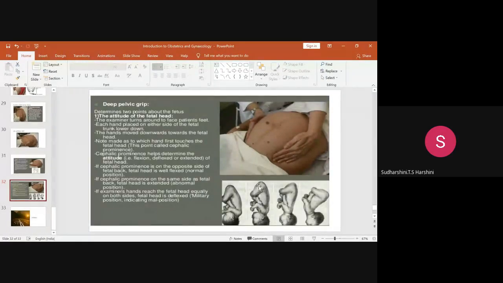Why are you determining all these things in a longitudinal lie? It is to find whether she can be left for a normal delivery. When the head is already fully extended, when it is going to be a face presentation or brow presentation, you're not going to allow her a normal delivery.